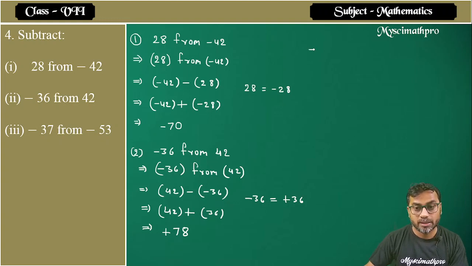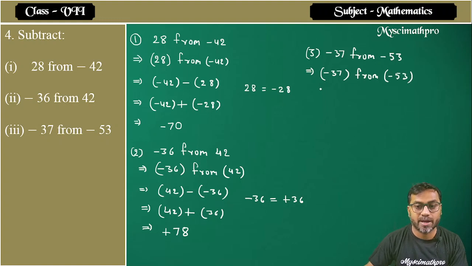Now let's solve question number 3, which is we have to subtract minus 37 from minus 53. And you know very well, according to the method, we write minus 37 in brackets, we write from, and we write minus 53 in brackets.